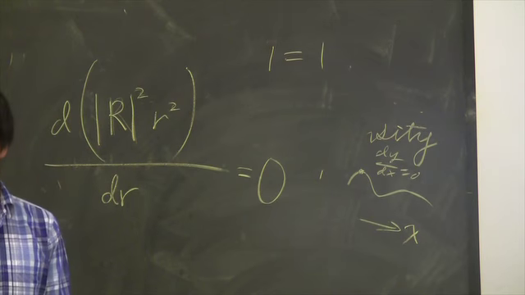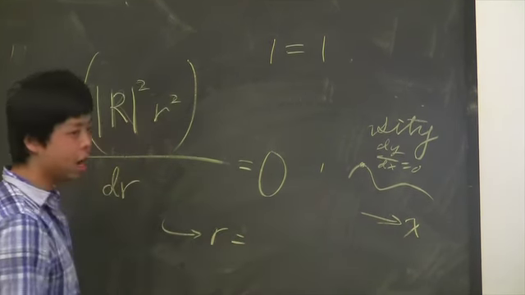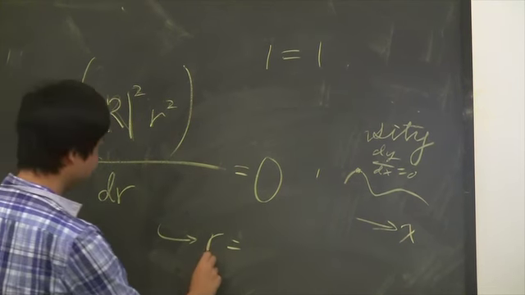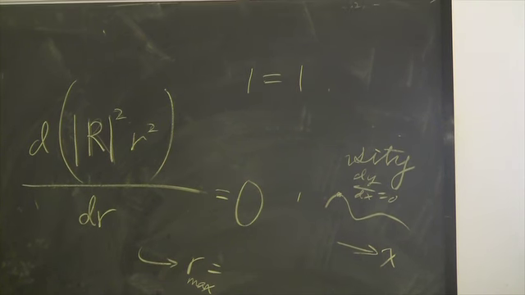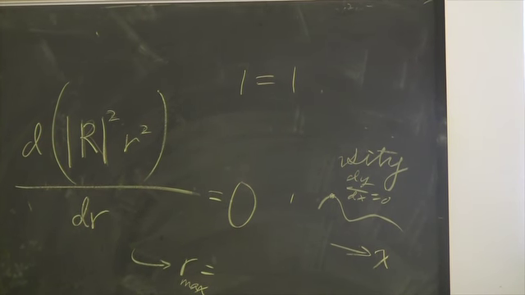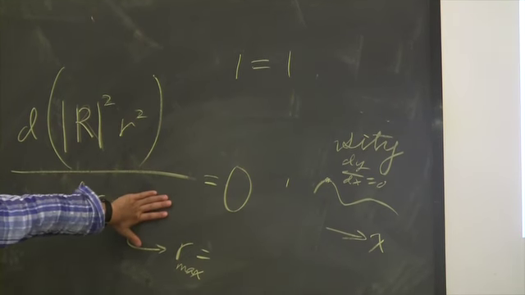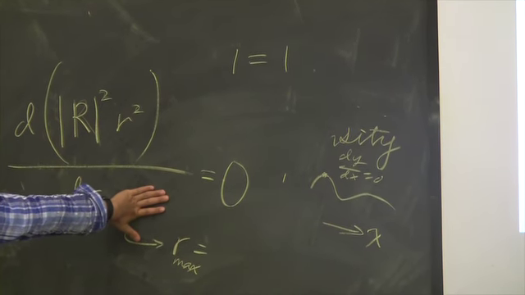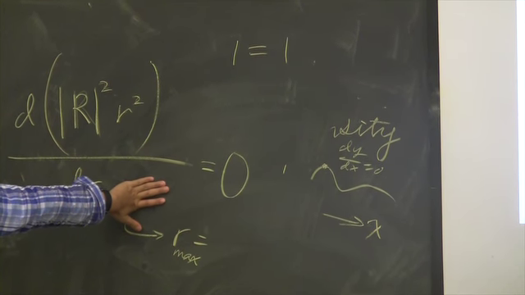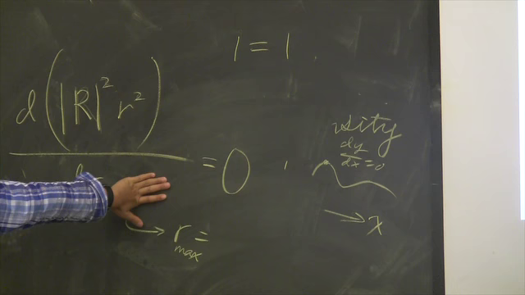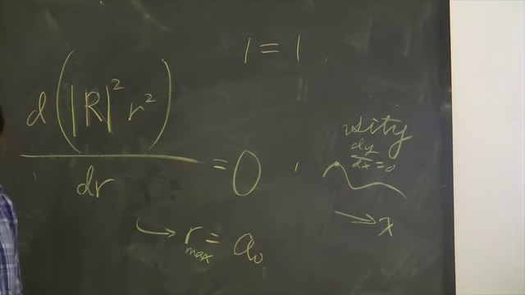Without doing the calculation, you actually can tell me if you paid attention previously. R equals what for this one? R max, I mean, the maximum probability for the 1s orbital is what? So without doing it, based on what I told you before, r equals what for the 1s orbital? A Bohr radius.